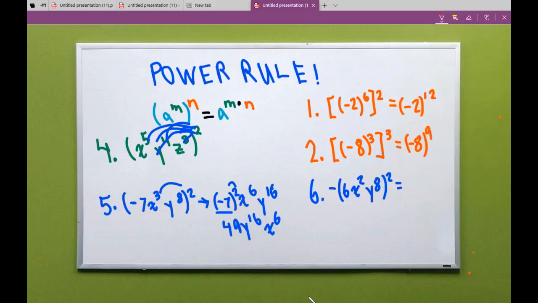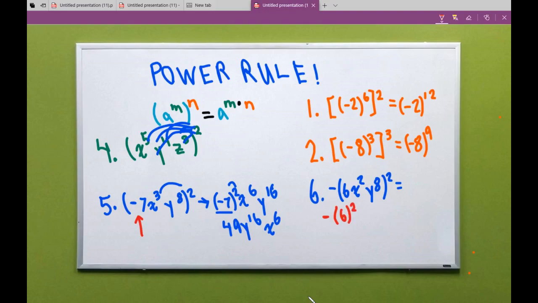Okay, so this time our negative sign is out front, but in our previous example, it was inside the parentheses. So that means our final answer is going to be negative, but let's just work it out. So we have positive 6 squared. We have x squared.